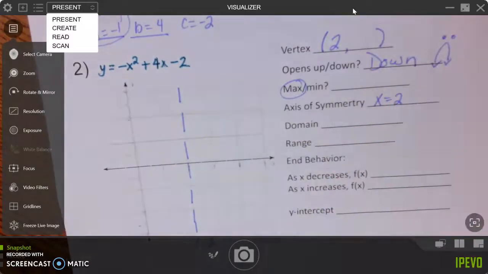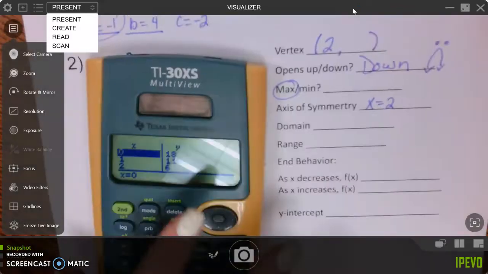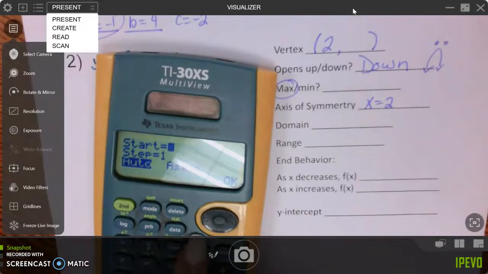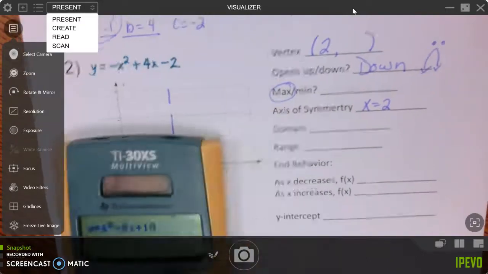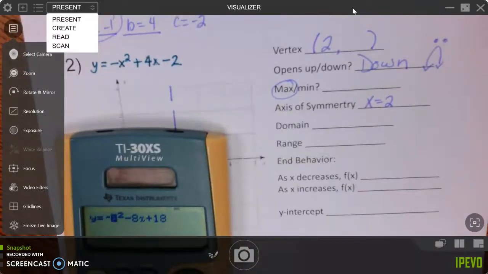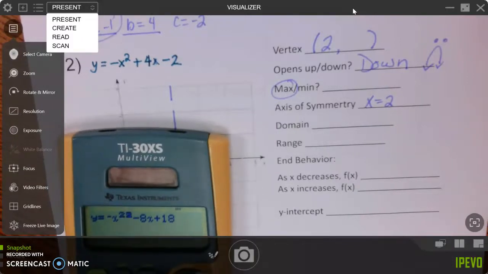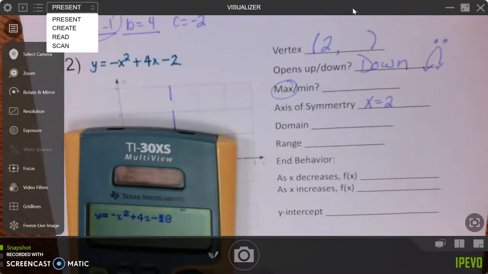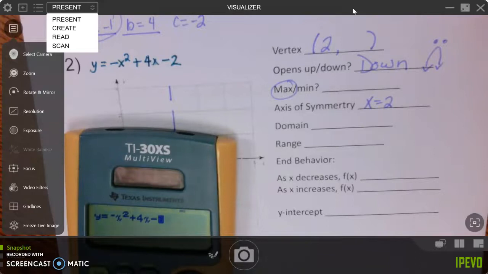So let's figure that out. Go to your table. And our equation is negative x squared and then we have plus 4x and then minus 2. And be careful when you're plugging this in.